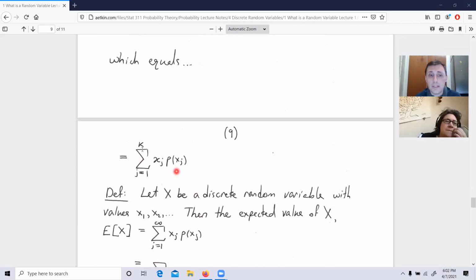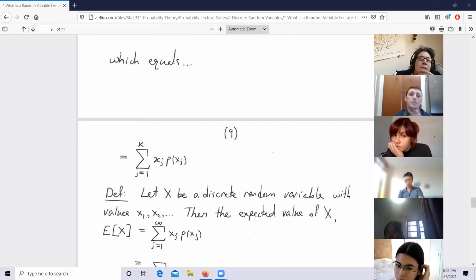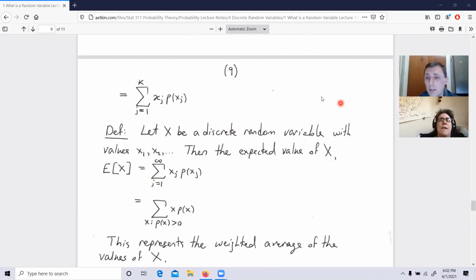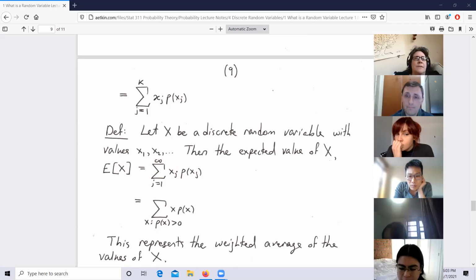Do you see we get this formula? That's the formula for expected value. If you don't have a sense for it, then whatever follows will not surprise or interest you and will not make sense. That's the definition of expected value. I try to explain why that definition is supposed to be what it is. The expected value of the random variable x is just the summation of all the xj multiplied by their probabilities.